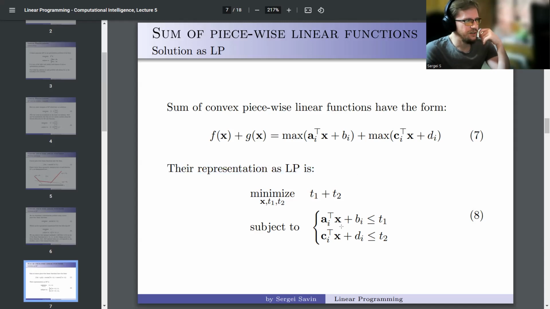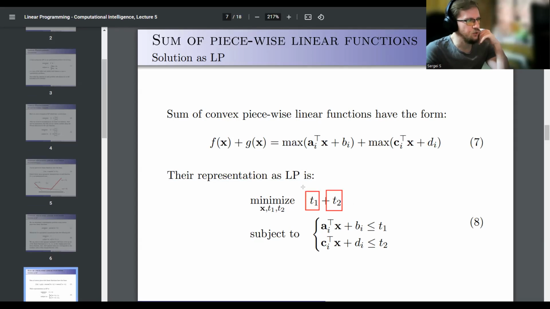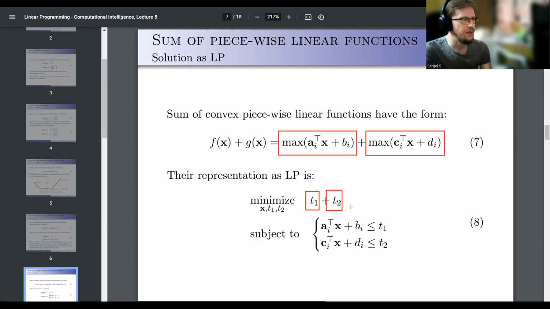You get the sum of T1 and T2, the solutions to the first one and the second one. And for each of those, you get their own constraints. That's it. So you can even do summations over two linear functions, no problem.